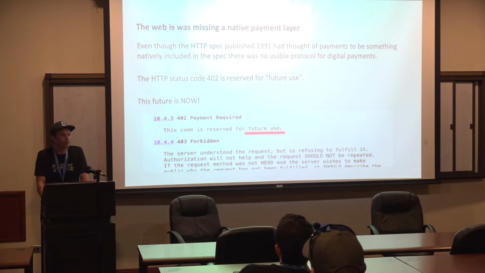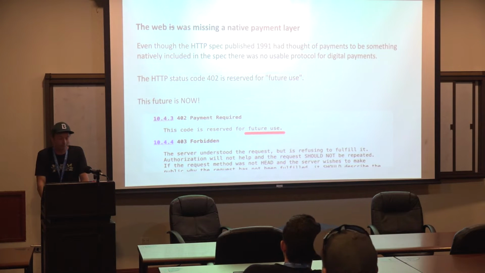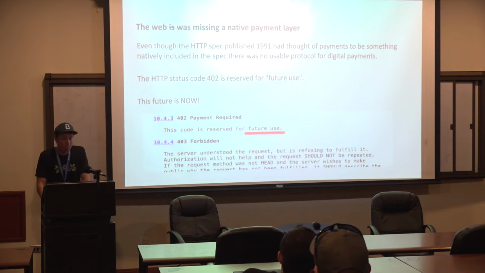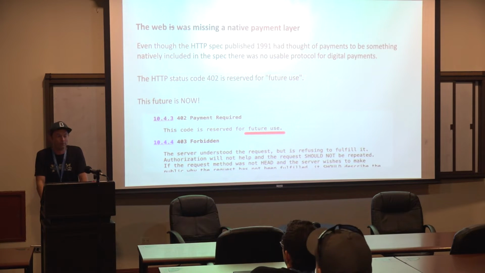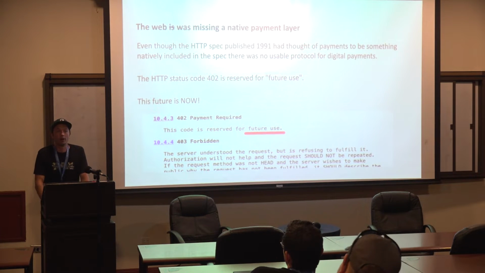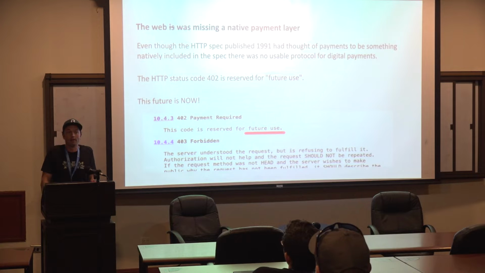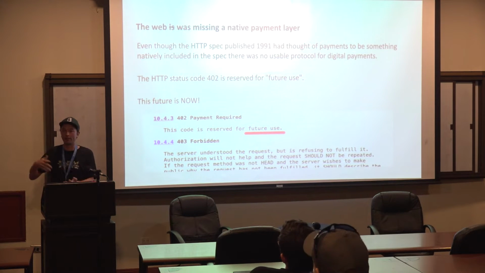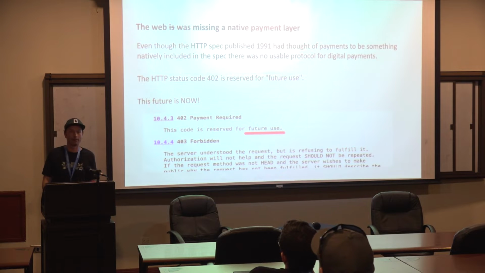Interestingly, Marc Andreessen of Netscape once said that the biggest mistake in the browser was that there was no way to have native money on the web, which meant that no economic interaction between a client and a server was possible.